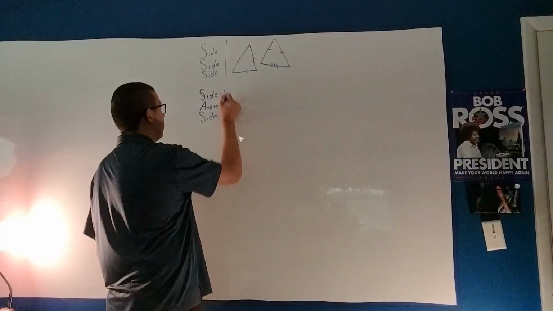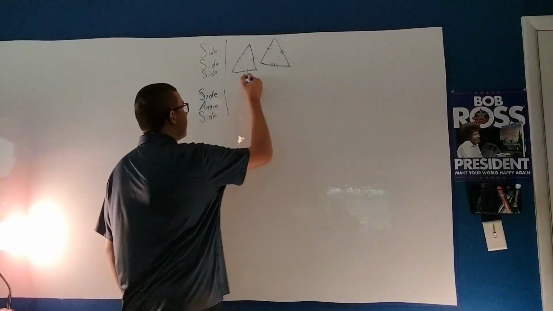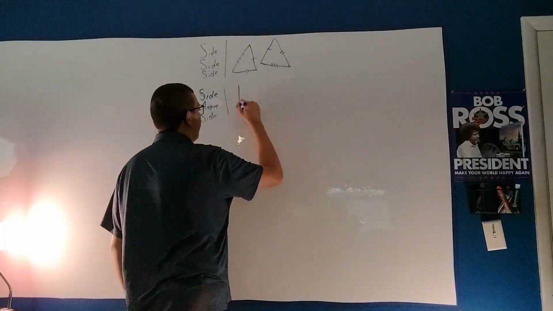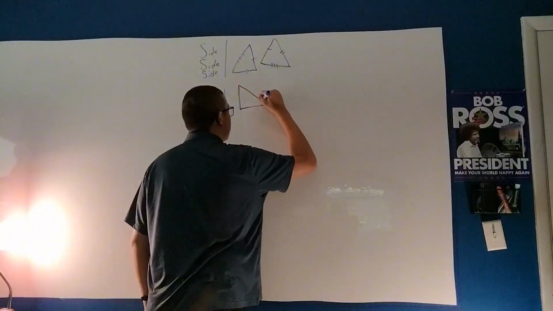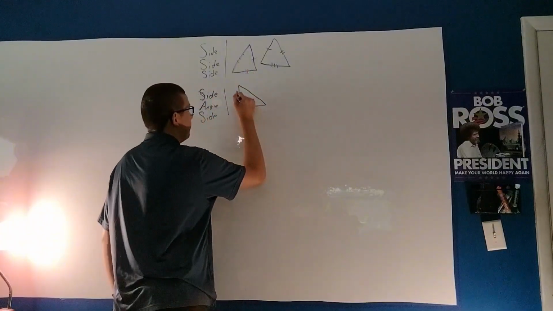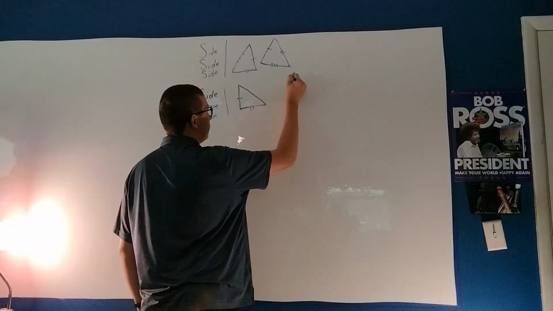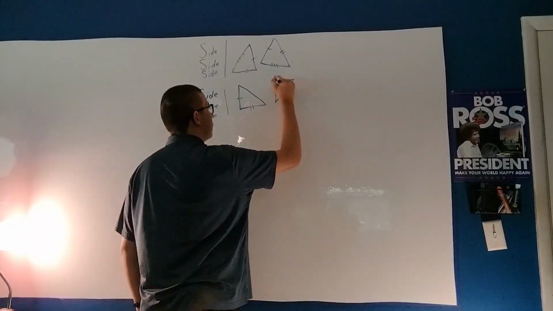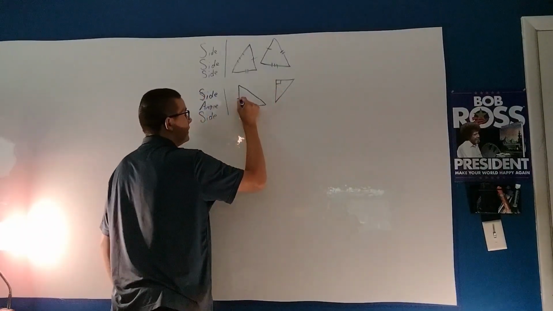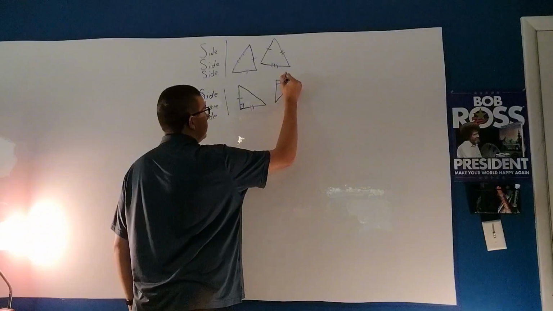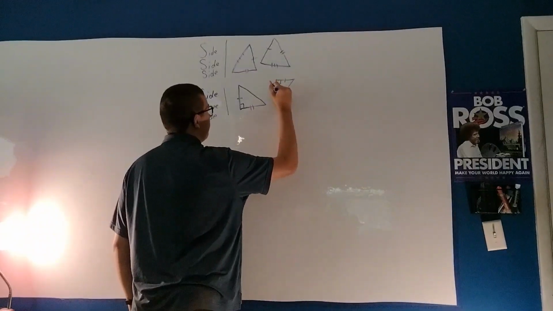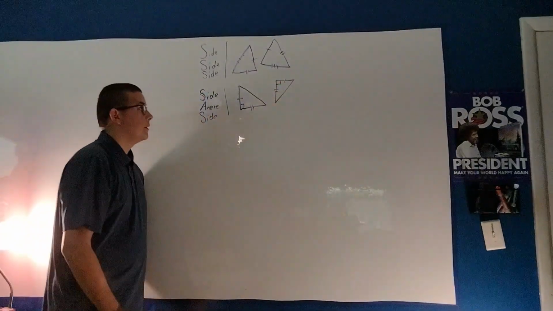But like this, side, angle, side is specifically when you can prove that this side is congruent and this side is congruent, and this angle here is congruent, like that.